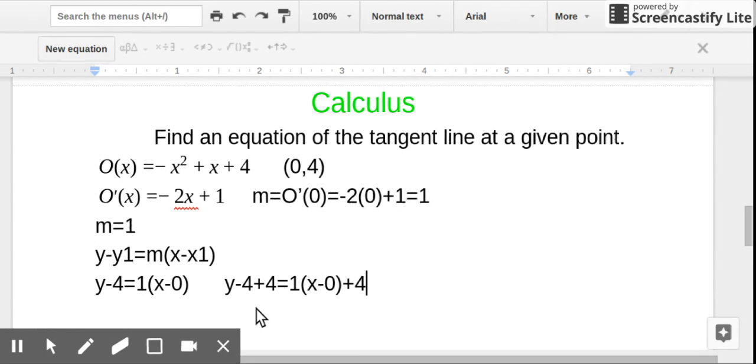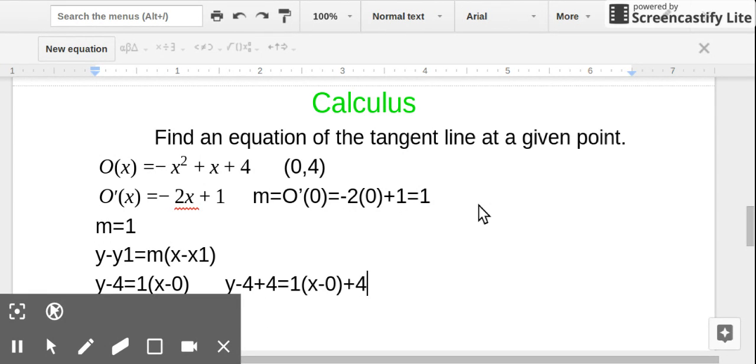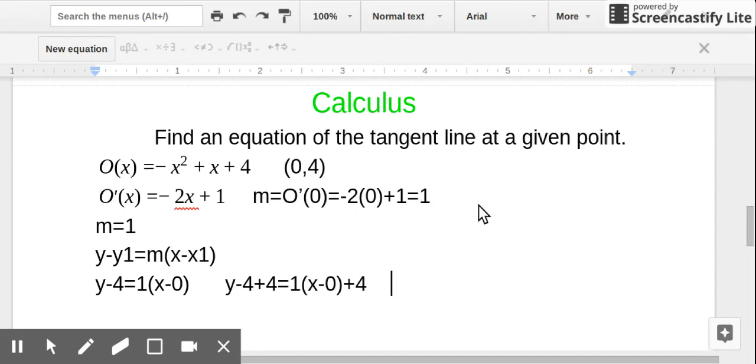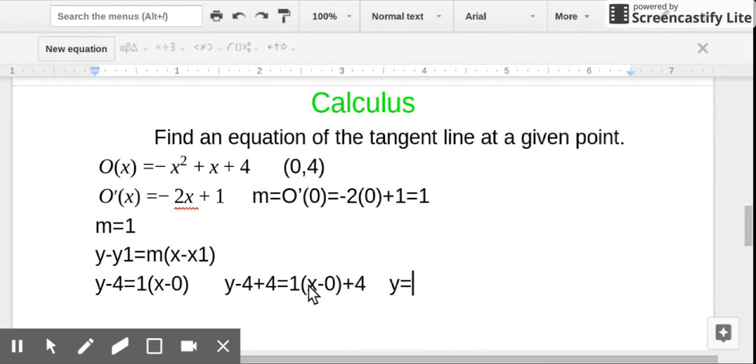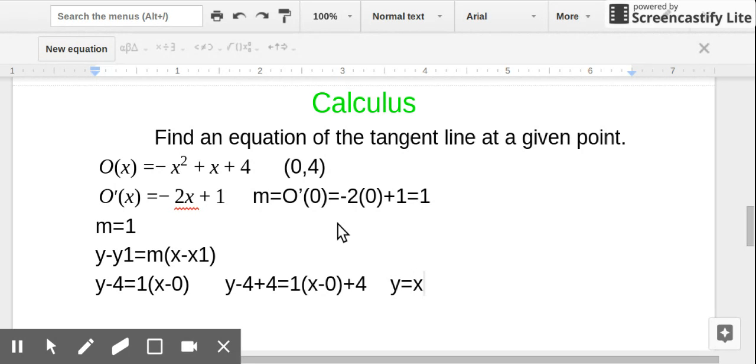You see that? So that's just going to end up being y is equal to, and this 1 multiplied across is not going to do anything, that's just x. So that's going to be x plus 4. As you can see here, this is the equation of the tangent line. That was the goal, to find that. Y is equal to x plus 4.